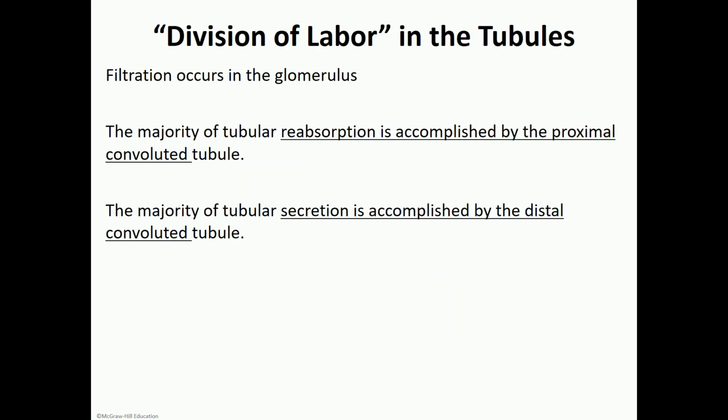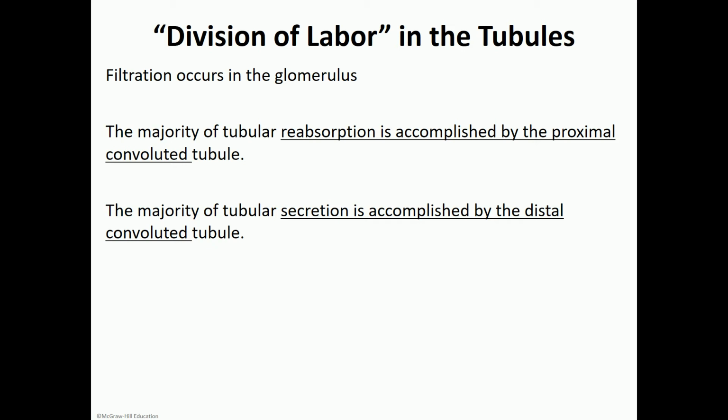Now, how do the tubules divide the work amongst themselves? We talked about how there has to be tubular secretion and tubular reabsorption, but the tubules divide that work. We do know now that filtration happens in the glomerulus, and the majority of tubular reabsorption happens in the proximal convoluted tubules, while most of tubular secretion happens in the distal convoluted tubules.